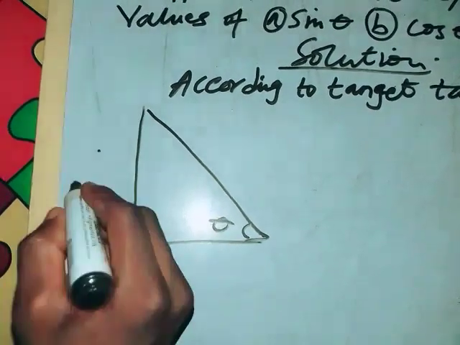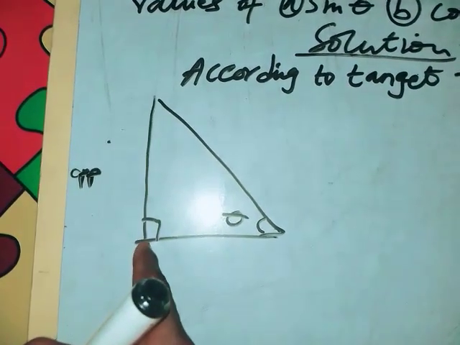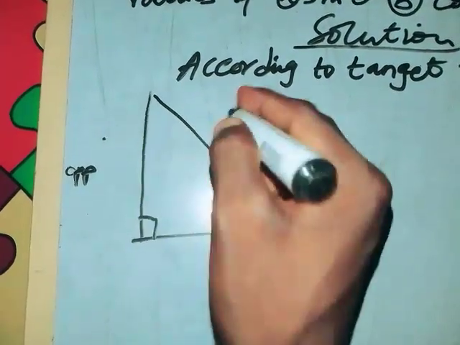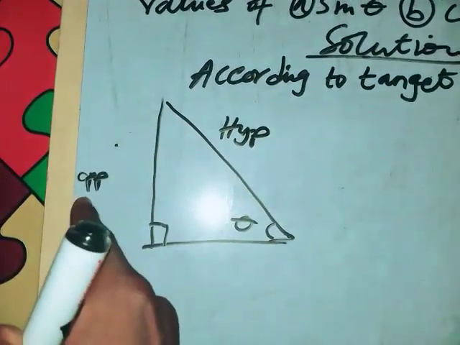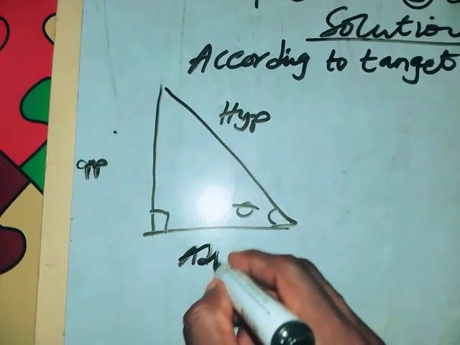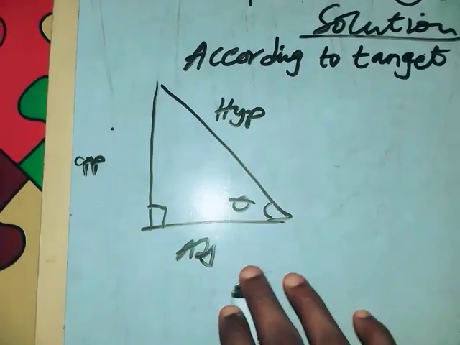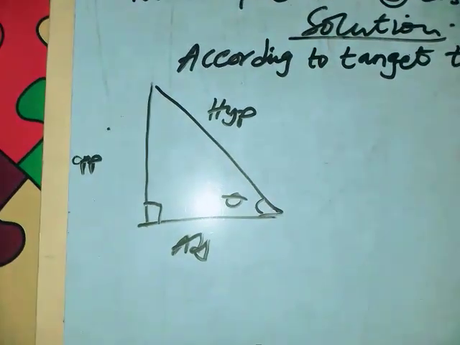This angle 90 is facing this side, and this side is the hypotenuse. Remember the last video I made, I explained this. Now if this is opposite and hypotenuse, automatically this side is adjacent. So now we have located our opposite, adjacent, and hypotenuse in the diagram.